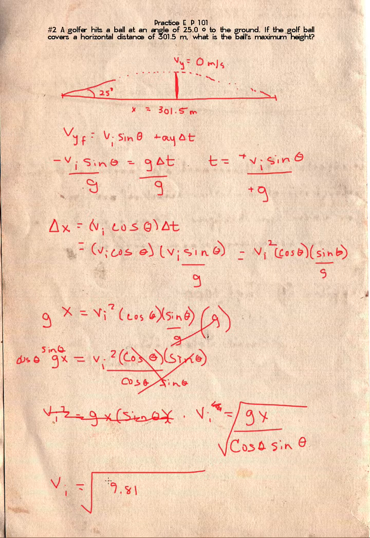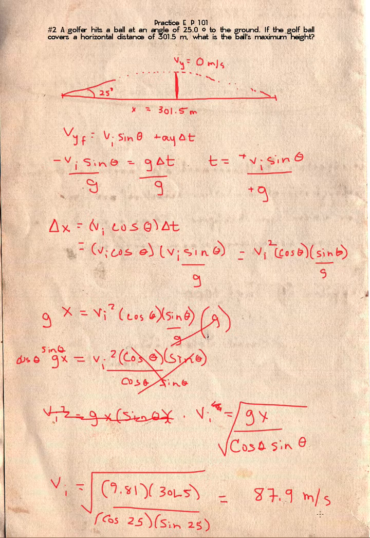We're just going to leave it positive because we changed those signs, times 301.5, all divided by the cosine of 25 times the sine of 25. And then when you plug all that in, you should get 87.9 meters per second for your initial velocity.